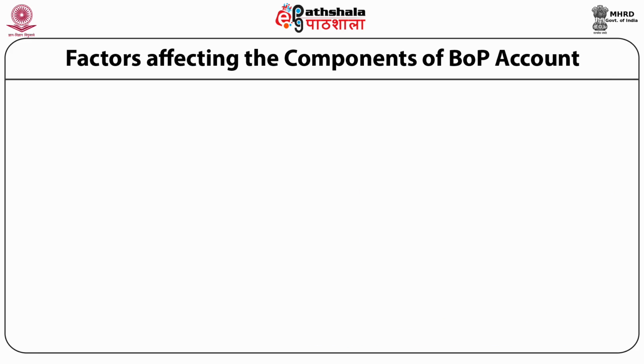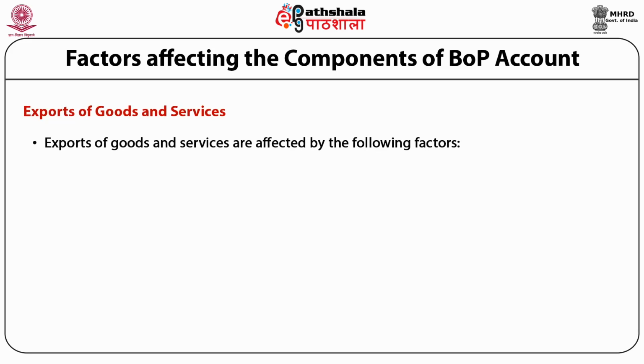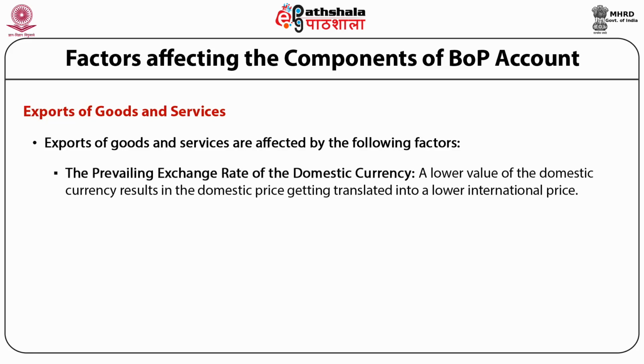Factors affecting the components of BoP account. Exports of goods and services. Exports of goods and services are affected by the following factors: the prevailing exchange rate of the domestic currency.